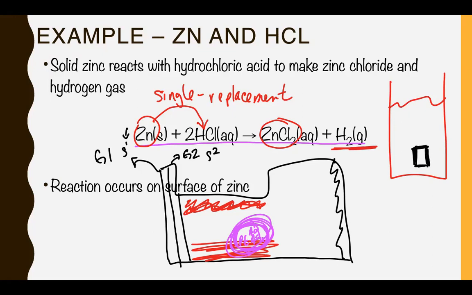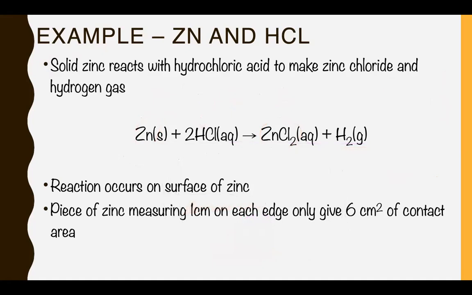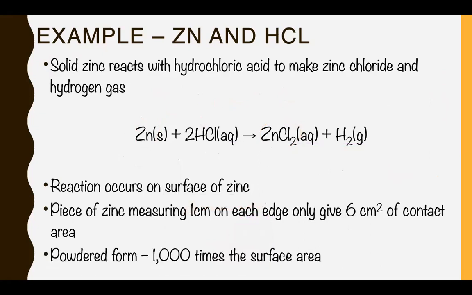So a piece of zinc measuring 1 centimeter on each edge is going to have 6 square centimeters of contact area, compared to a powdered form, which can have up to 1,000 times the surface area.